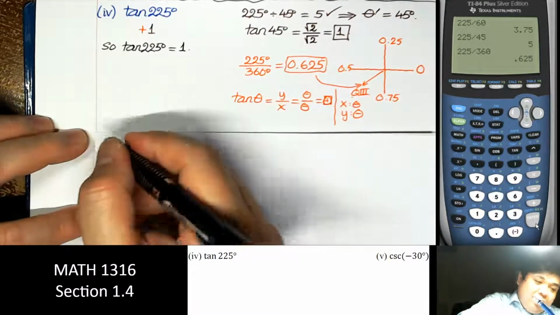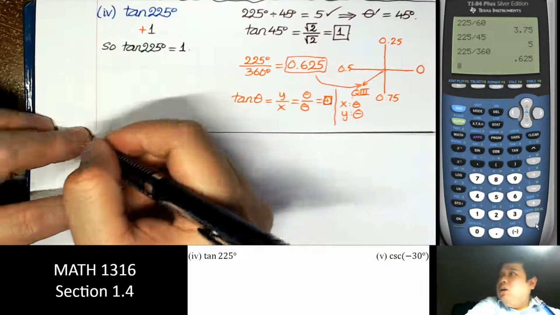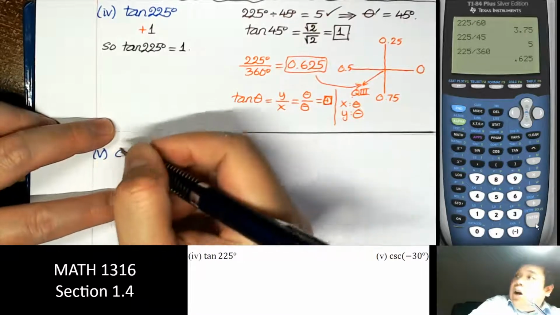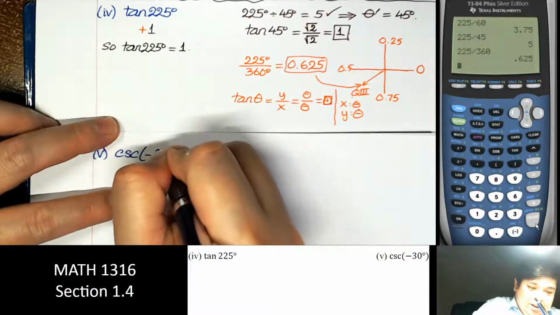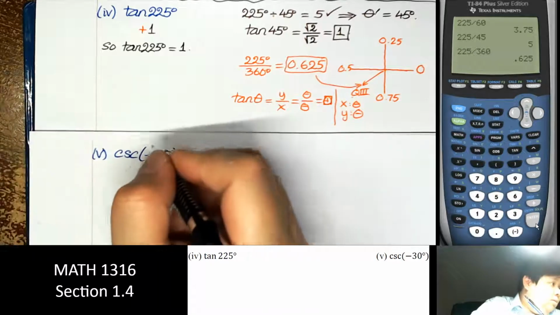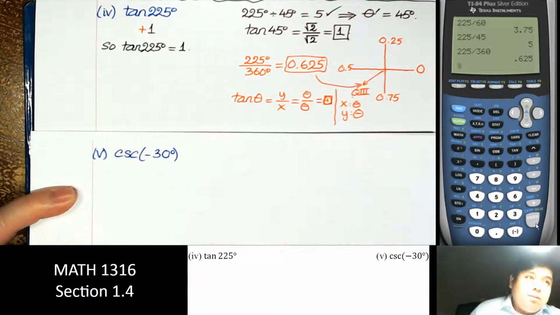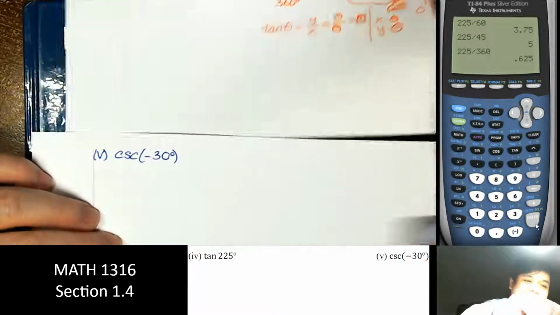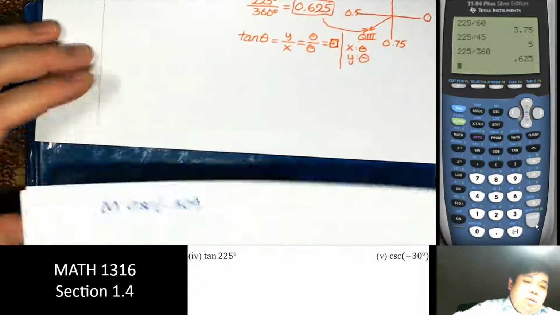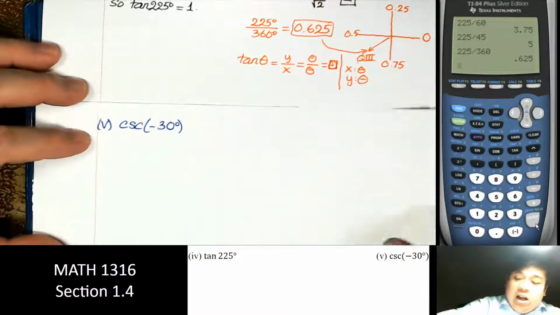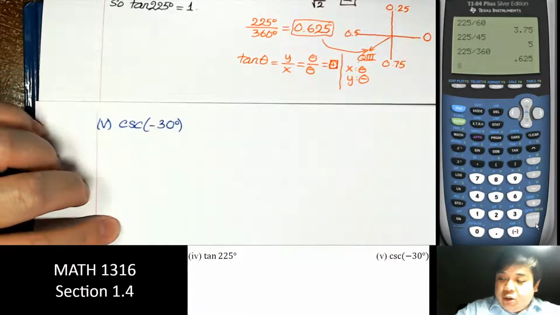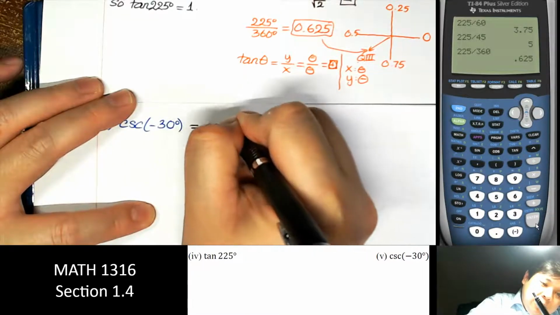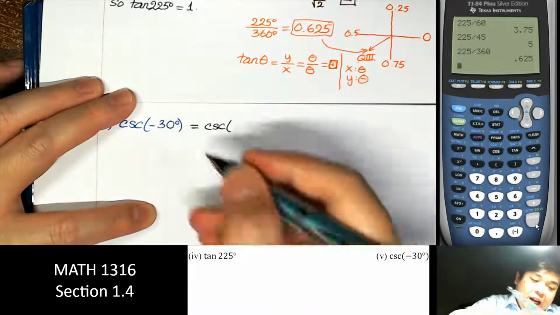Five. Cosecant of negative 30 degrees. Now, of course, we could work with negative angles, but I prefer not to. So the first thing we do is we can always add 360 degrees to it.